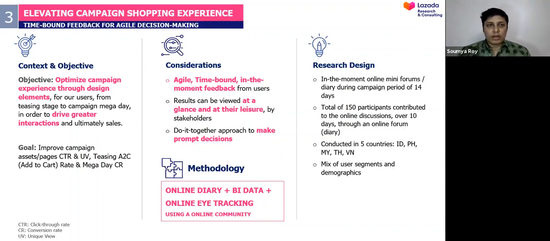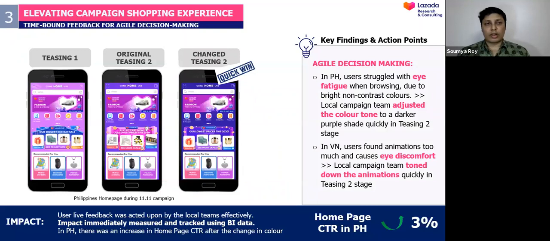And last is elevating campaign shopping experience through time-bound feedback for agile decision making. Nowadays, especially in e-commerce, everything has to be very fast turnaround. So we saw something and ask them quickly what they feel, do they like the colors, does it cause eye fatigue, such questions.